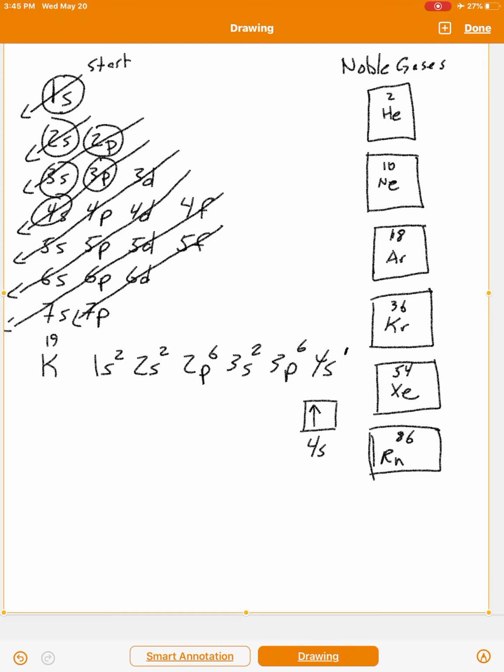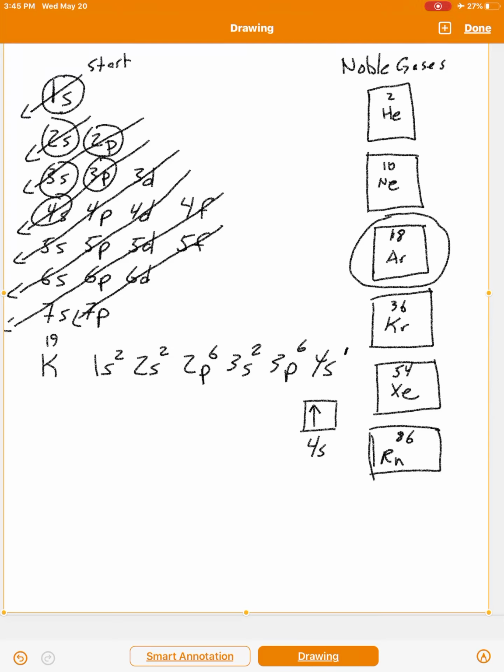Okay. So here's what we're going to do. We're going to say that if an atom has some number of electrons, let's pick 19, for example, potassium. We're going to choose the noble gas that comes before that element. And the noble gas that comes before element 19 would be element 18, which is argon.